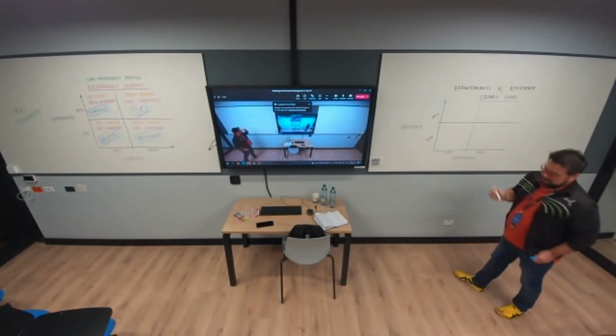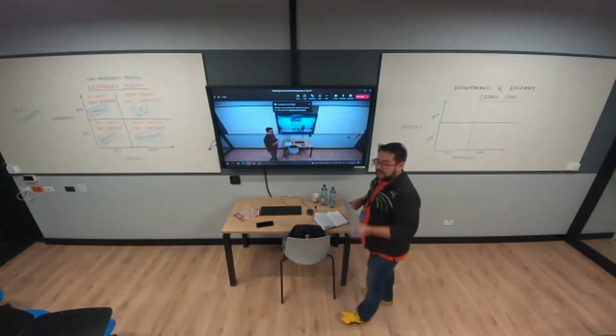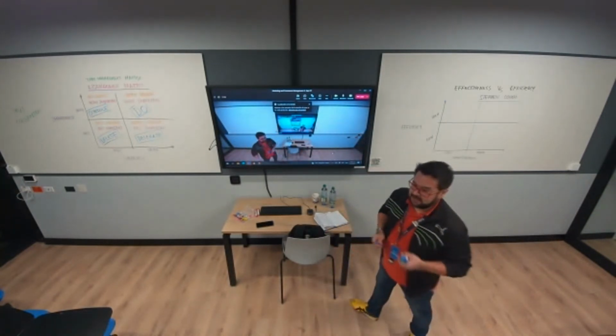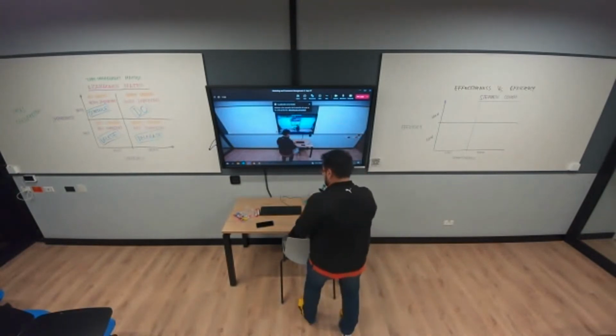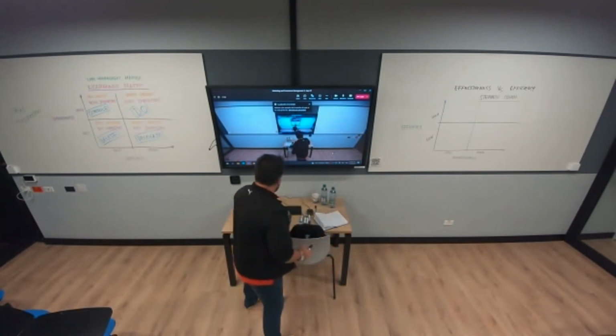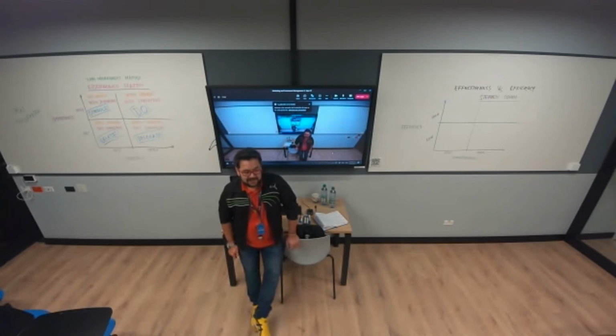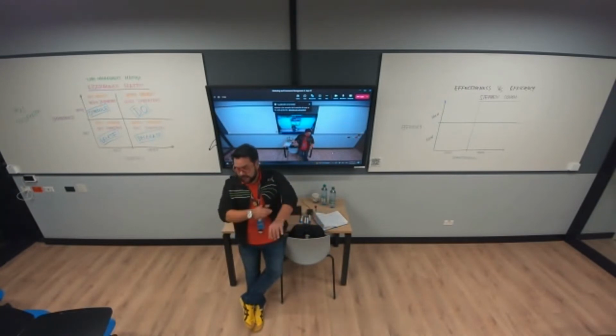Okay, so well, before we continue doing the matrix, let's define what is efficiency and what is effectiveness, because those two are really different. Someone wants to try a definition for efficiency and effectiveness in Spanish, if you guys want.